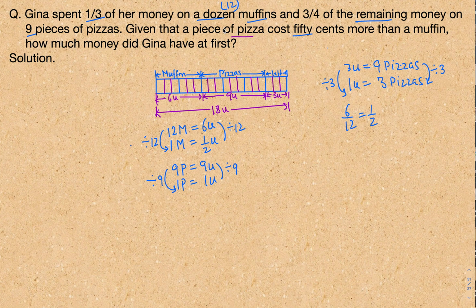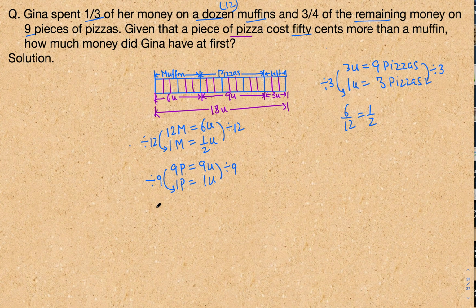Now we are given that the difference in the price of one pizza and one muffin is 50 cents. The price of pizza is more, so the cost of one pizza minus the cost of one muffin is 50 cents.